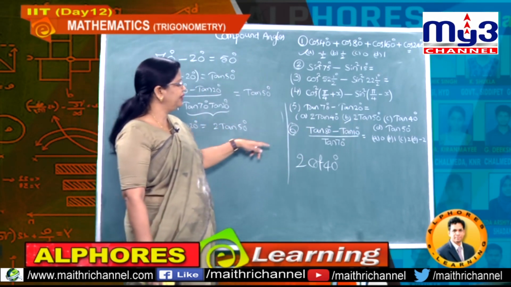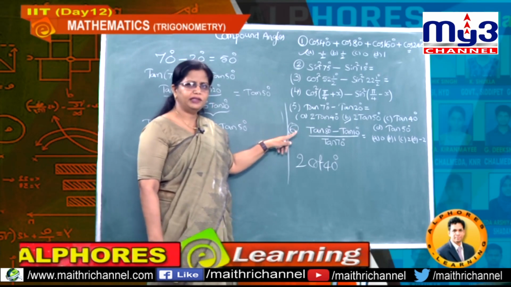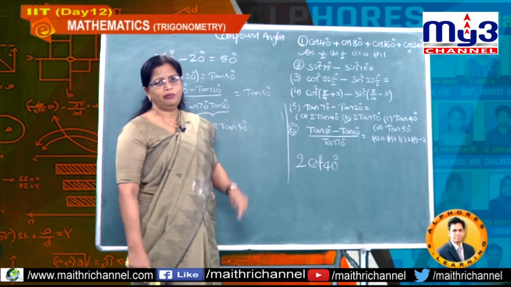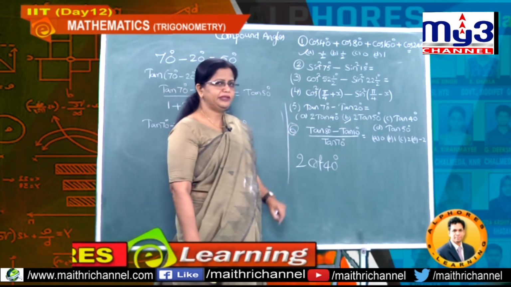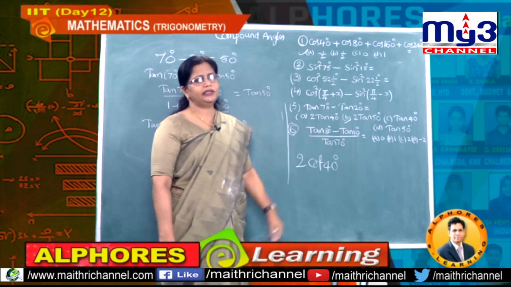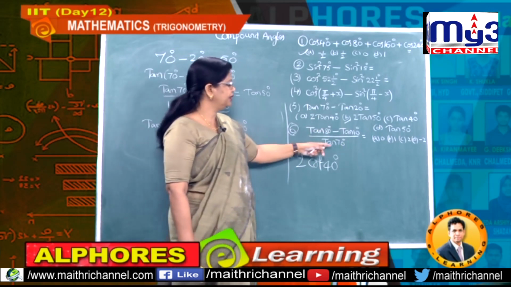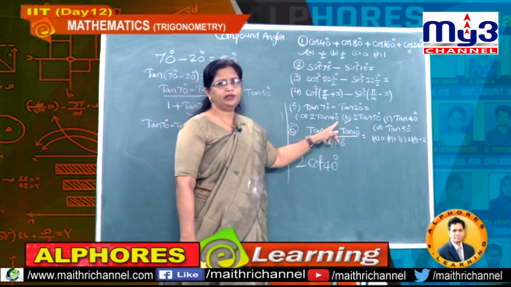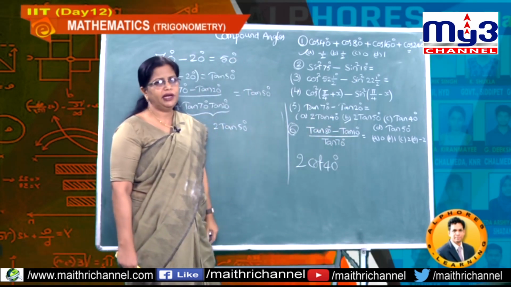Now in the same way, just by observation you can say about this answer. Understand? Just by seeing this problem number 5, observe problem number 6. Same model, tan 80 minus tan 10, okay. And this one they asked in terms of 70. So these two clearly you can observe those are complementary angles.